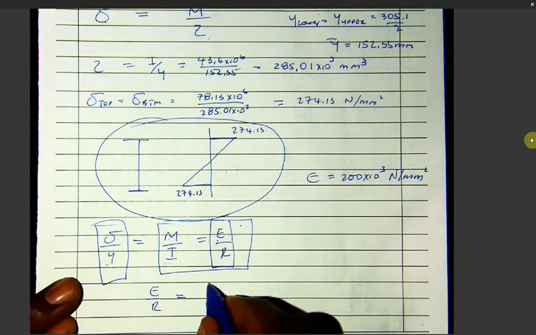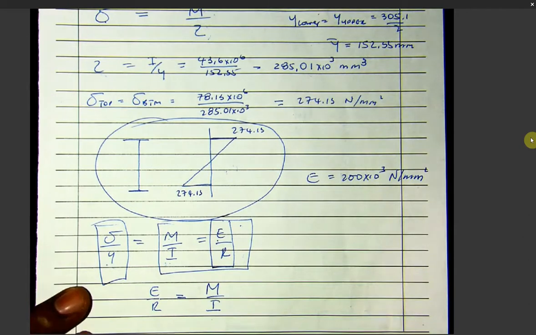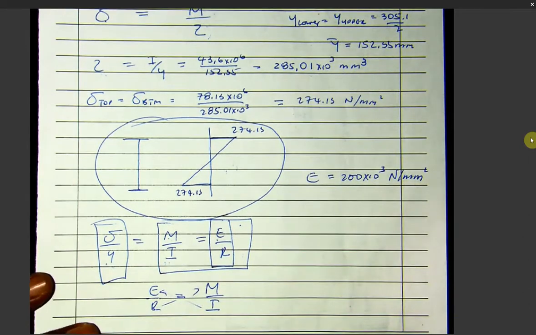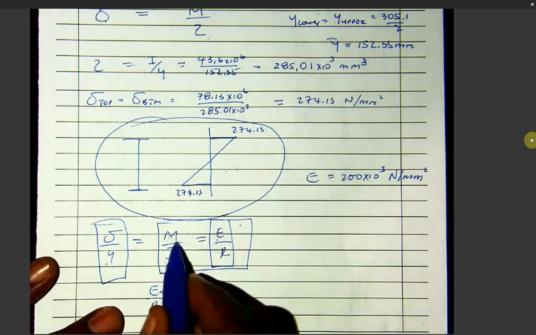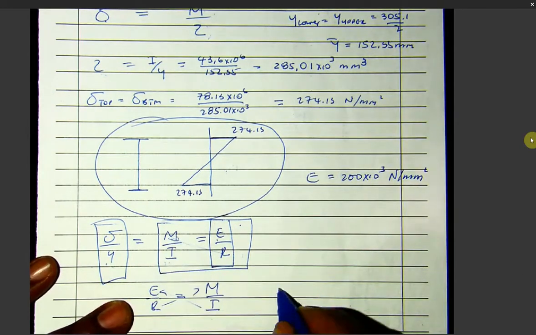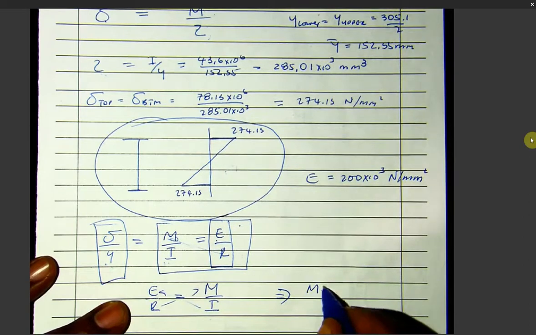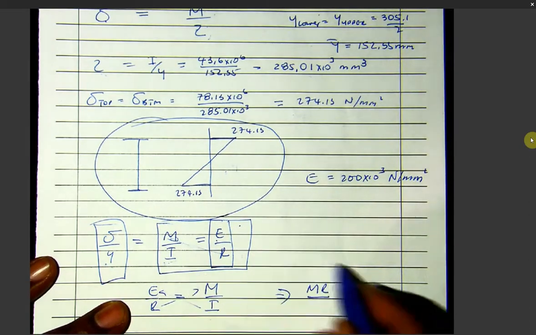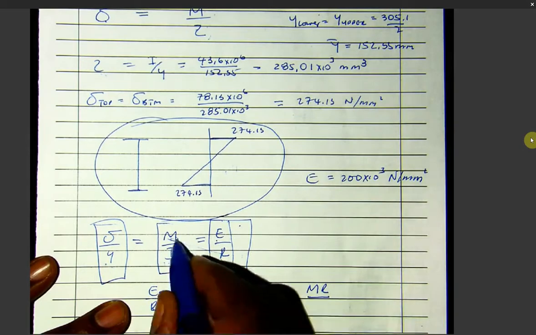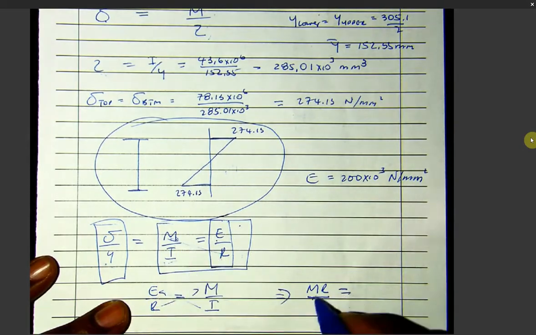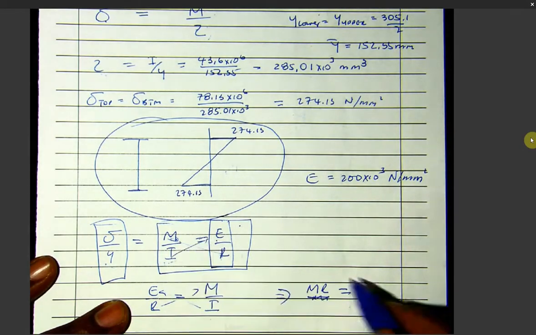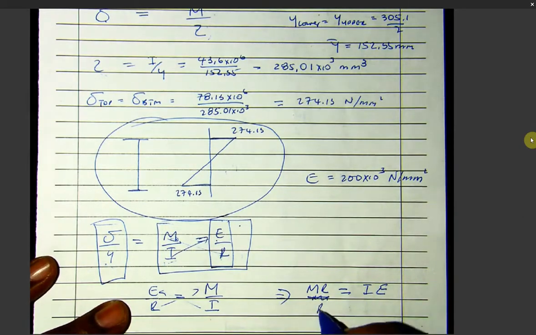I'm just going to use M over I and then cross multiply. That gives me MR is equal to IE. Then R is equal to IE over M.